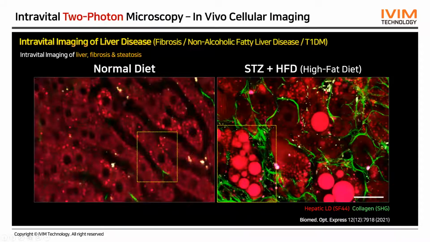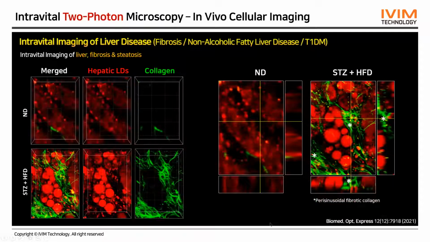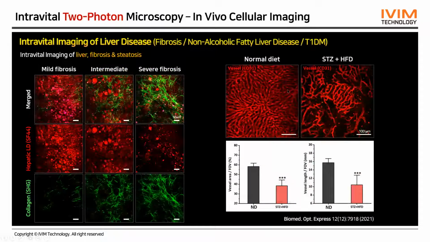You can also see the increased collagen deposition in the liver in green. Obviously, this two-photon microscope provides sectioning, so it enables 3D observation of this. And we can also see the blood vessels at the same time in live condition.